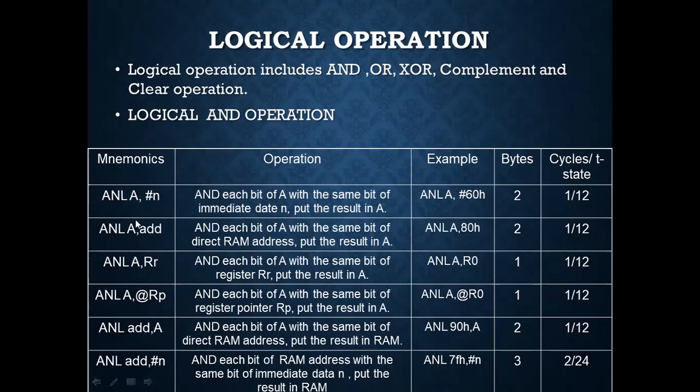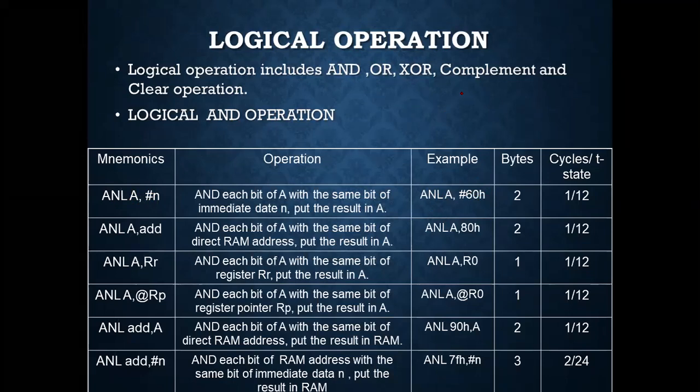First, the mnemonic you can see in the table: ANL A, #n. #n means 8-bit data, and the hash means this is immediate data. So ANL A, #60H means whatever data is present in the accumulator or A register will be bitwise ANDed with 60H.